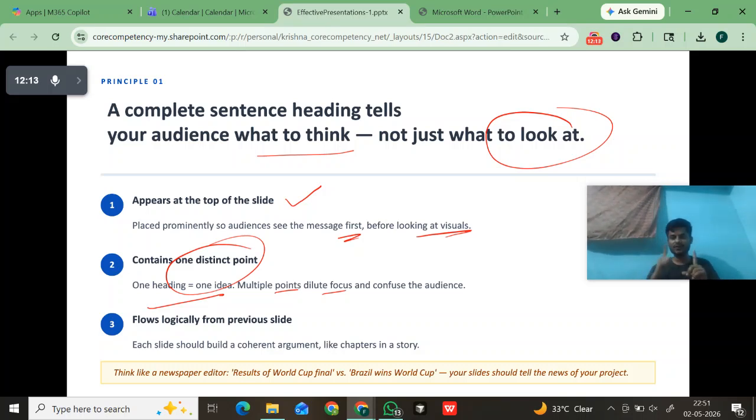One slide, one visual, one idea, one clear heading, that should be the flow. It should flow logically from the previous slide. First slide, what is communication skill? Then the next heading, we learned what effective communication is, now we will learn how to communicate effectively. Then the third slide will logically be what not to do while presenting.